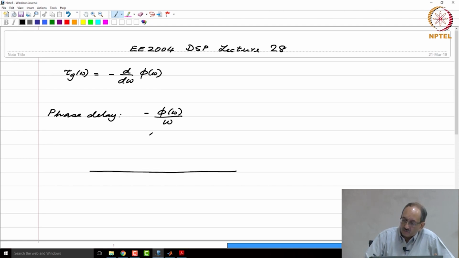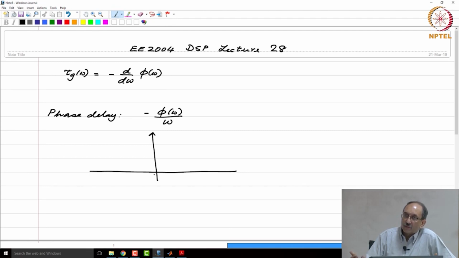So, what we have seen so far is phase response in general is nonlinear, and the corresponding nonlinear phase response gives rise to whatever group delay such a phase response gives rise to, and we saw what the physical implication of group delay is.